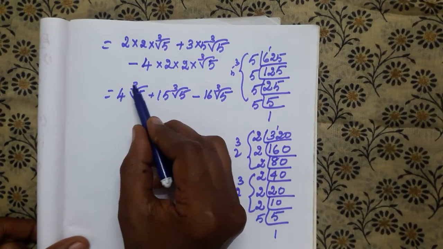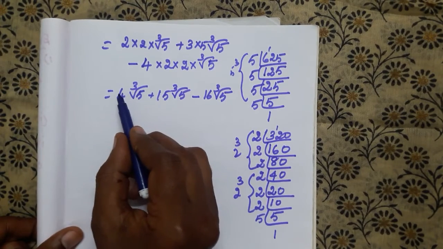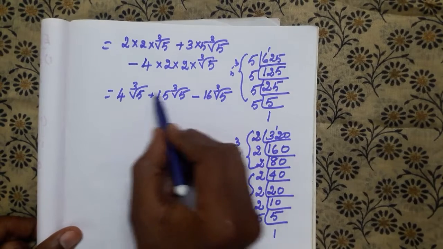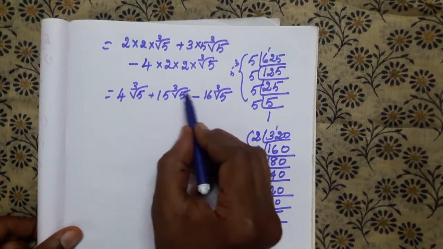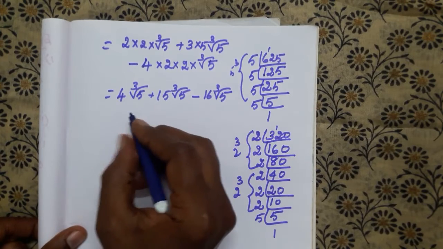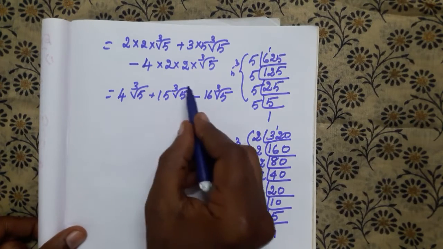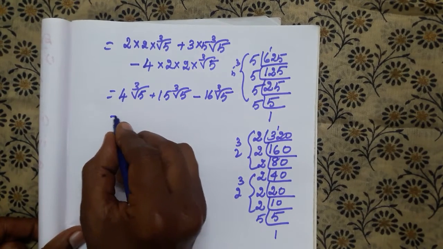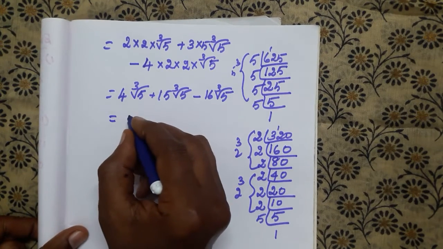Now you check it. Everywhere the order is 3 and the radicand is also equal. The radicand is 5, the order is 3. So only if the order and radicand are equal can we add or subtract. How can we write it?